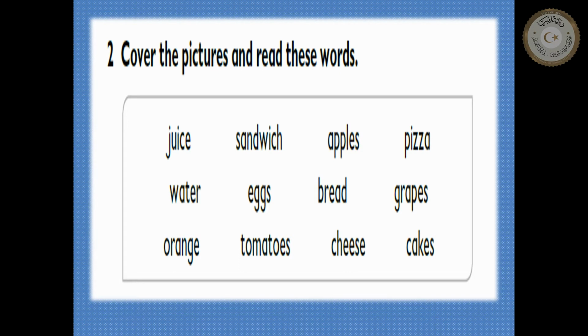Okay, cover the pictures and read these words. So now we are going to read the words in the box. What do we have in the box?